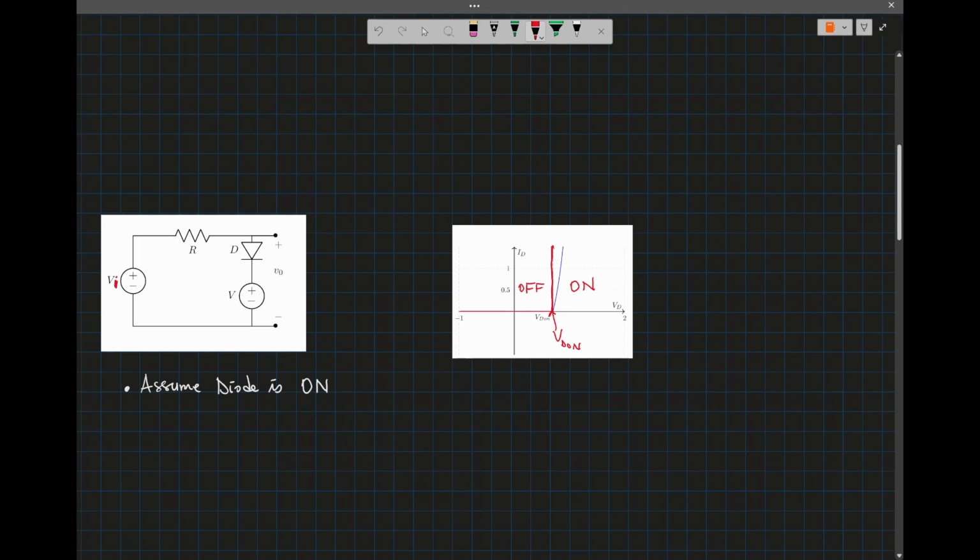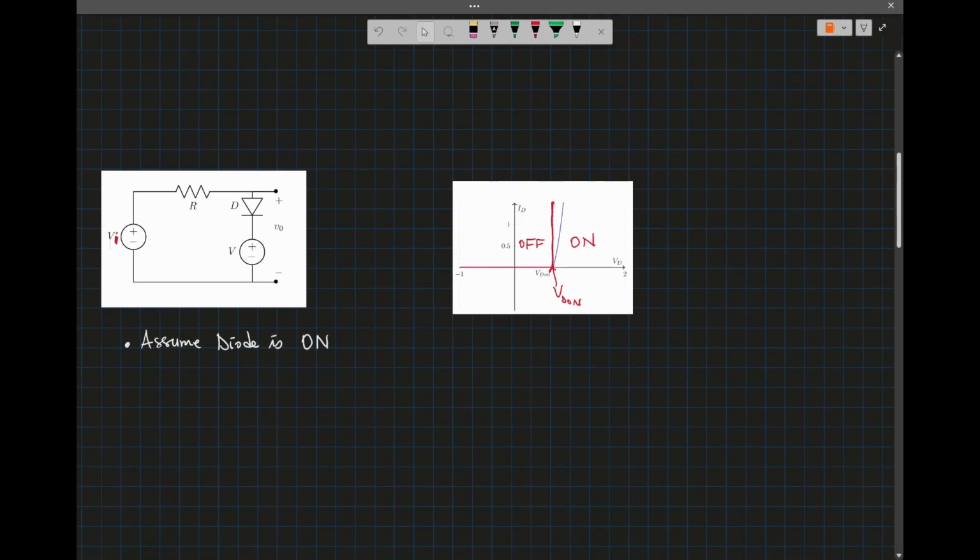Let's analyze this network. We have VI, and then the resistor. Since we assume the diode is on, we put plus and minus there, and the current through the diode, ID, we assume to be positive. And we have this bias voltage V.